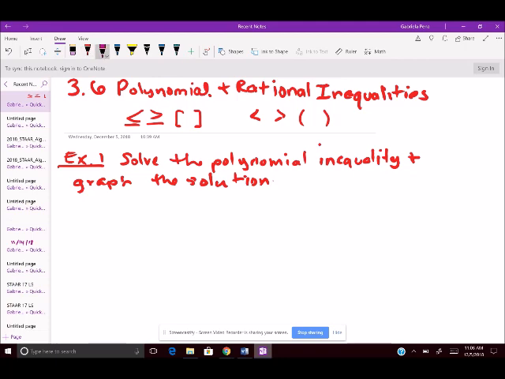So the first problem that we have, you're going to get a problem that's already set up, ready to go. It's going to look something like this.